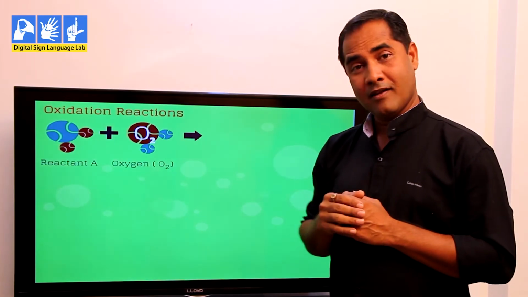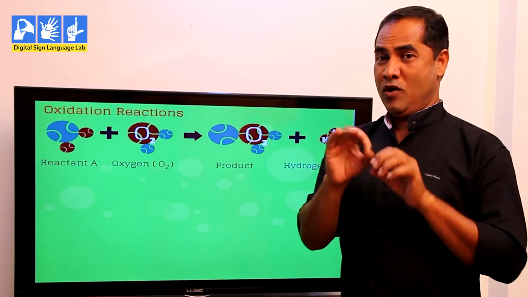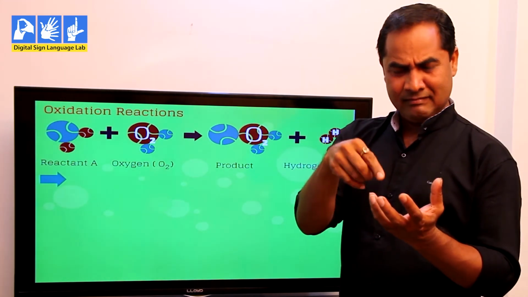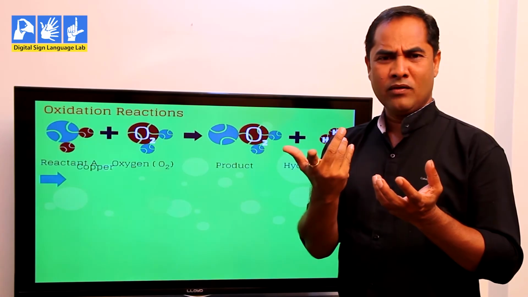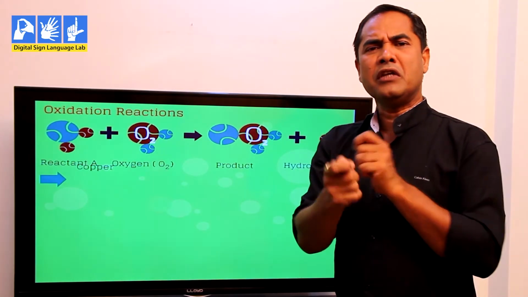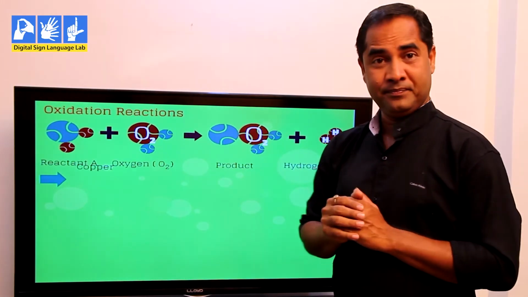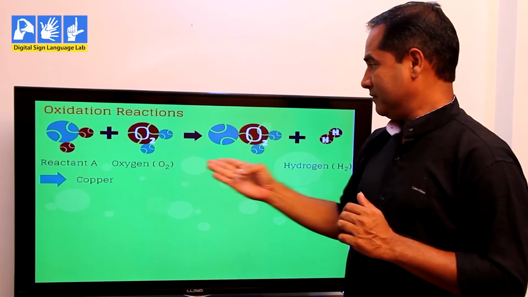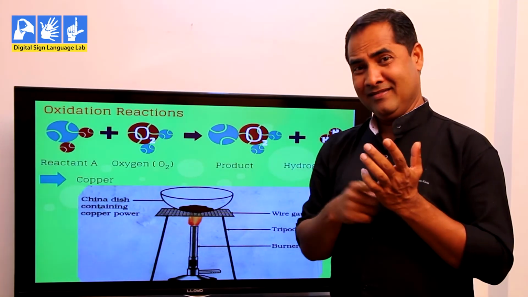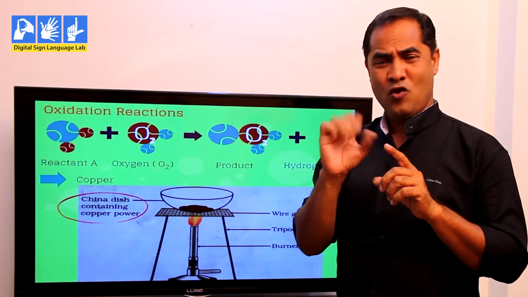Next, we can see the oxidation reactions. So oxygen is an important gas. It leads to many different chemical reactions. So you know copper, right?